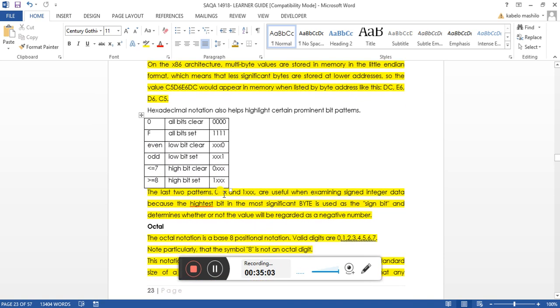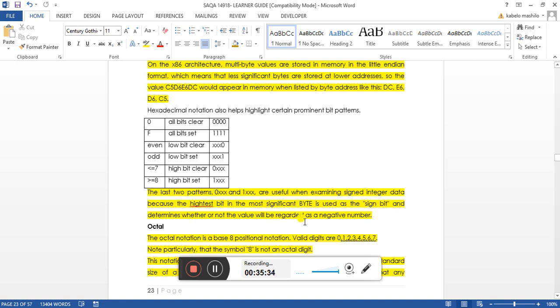The last two patterns, 0xxx and 1xxx, are useful when examining signed integer data because the highest bit in the most significant byte is used as a sign bit and determines whether or not the value will be regarded as a negative number.